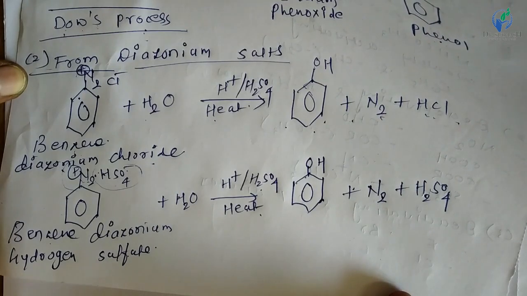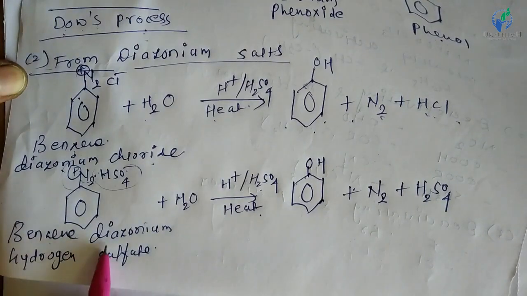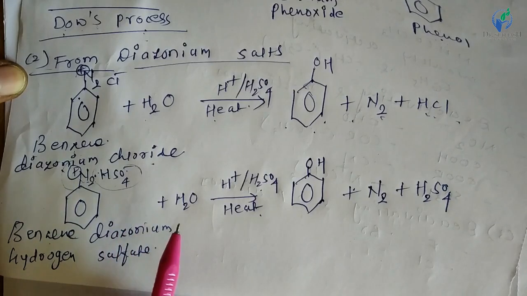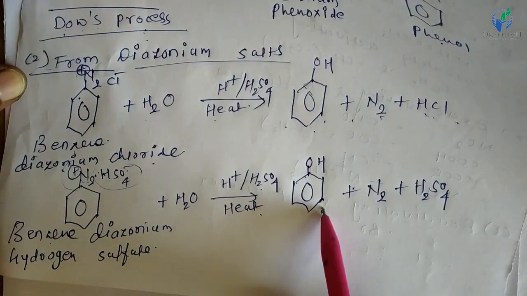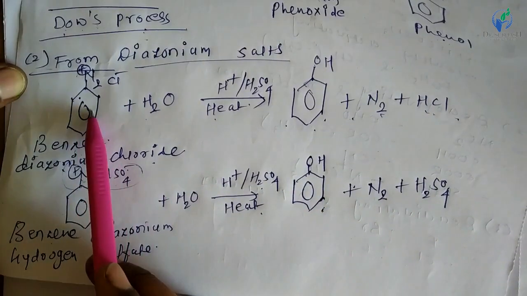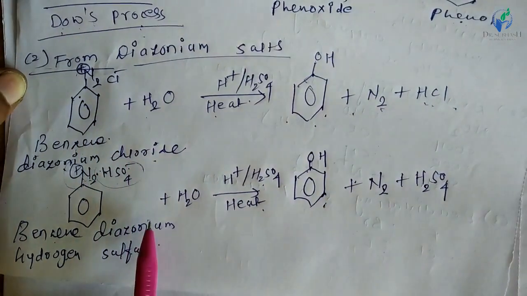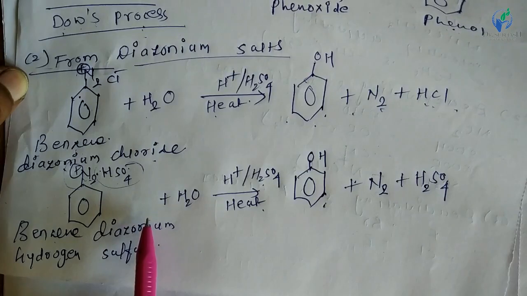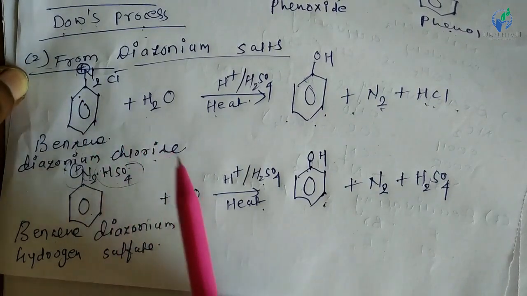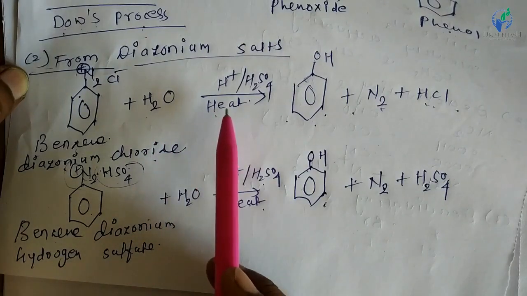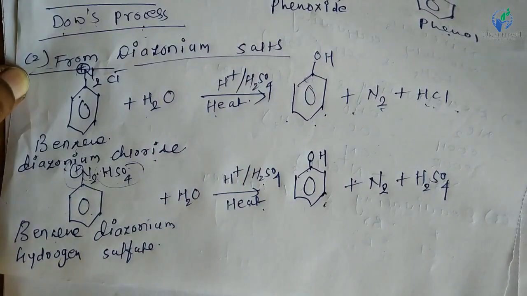And after preparing this type of diazonium salt, it is added to a large volume of boiling dilute sulfuric acid, then phenol is obtained, right? Since hydrolysis is carried out under mild conditions, other groups present in this aromatic ring are not affected by this acid or by this hydrolysis process, right?